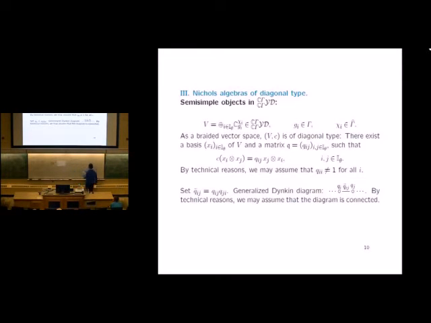But Qij is not required to satisfy the condition Qij Qji equal to 1. There are some technical reasons. We know what happens when Qii is 1, but we will assume that Qii is never 1.